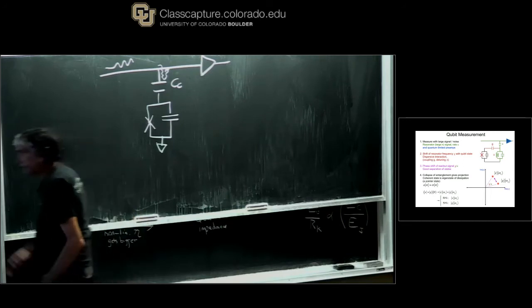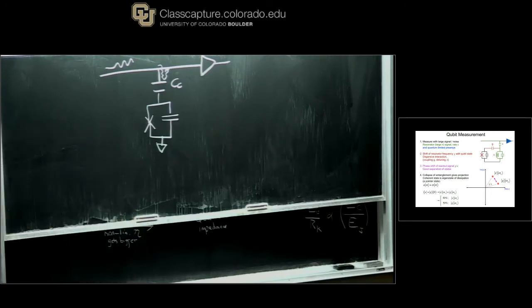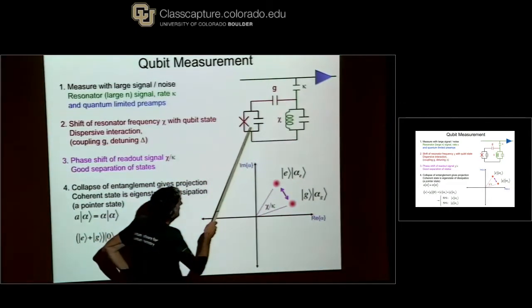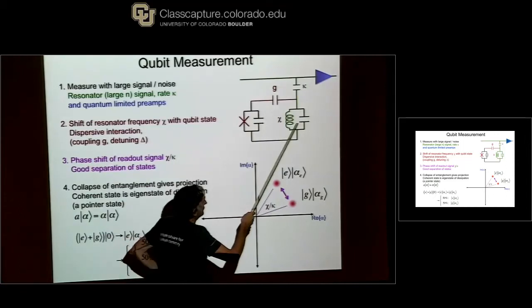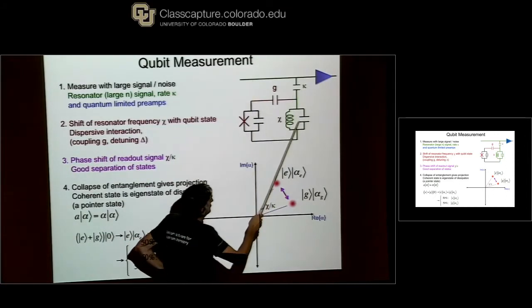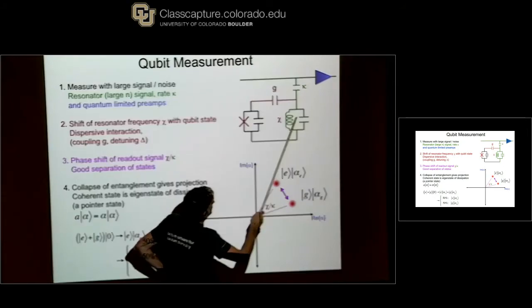So there's a very interesting trick to get around this, which of course was invented by the Yale group as they worked on making dispersive measurement. The basic idea is that you look at that circuit and make it a little bit more complicated: you have your qubit and you connect it to another resonator, and then you measure this resonator in the way that I talked about over here.